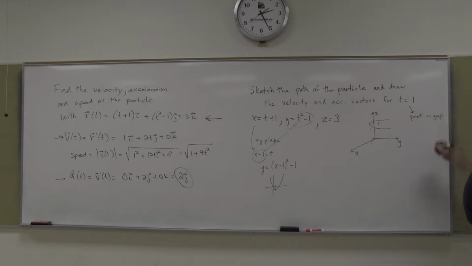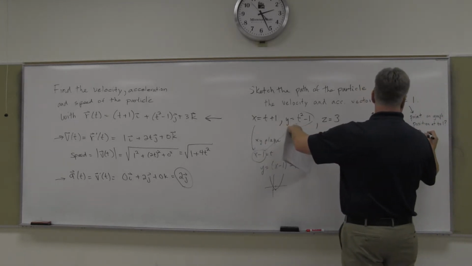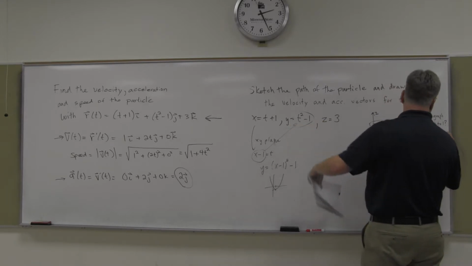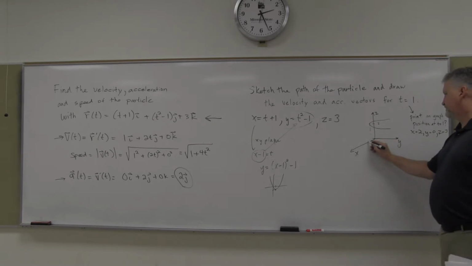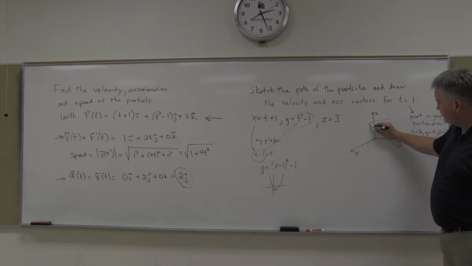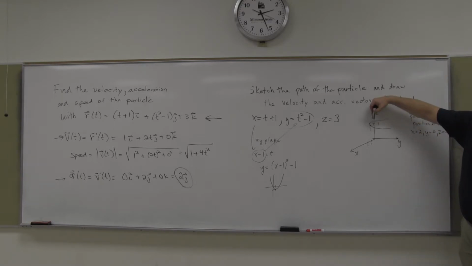In other words, what's the position of the particle at t equals 1? Well, at t equals 1, we'd have x is 2, y is 0, and z is 3, right? So we're talking about somewhere along in here. I didn't do a really good job of drawing that, but 2, 0. So it's up above this, wherever it comes out.